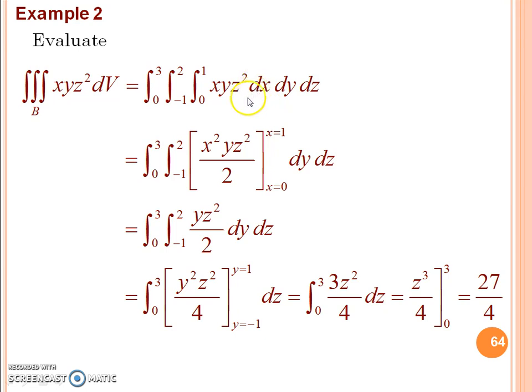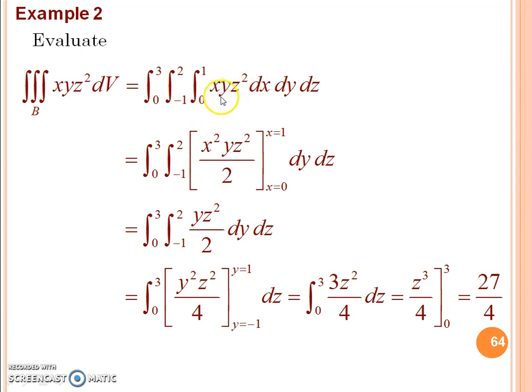Here is how to decide the limits. Since dx is innermost, the limit for x is 0 to 1, the inside integral is for dx. The middle integral is for y, with limit minus 1 to 2, and the last is dz, so the outer integral is for z, running from 0 to 3.